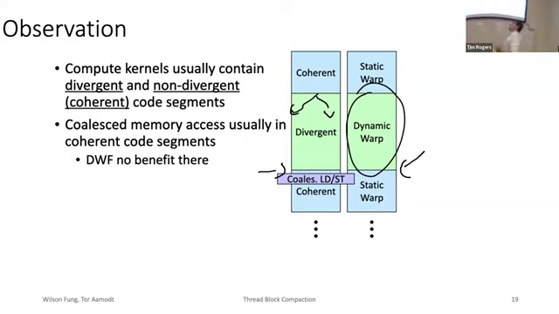Okay. So if I wanted to create crazy warps when they diverge, and then wait until an immediate post dominator and reconverge and make the static warps again, what would I need to do? What do I need to do at that immediate post dominator?